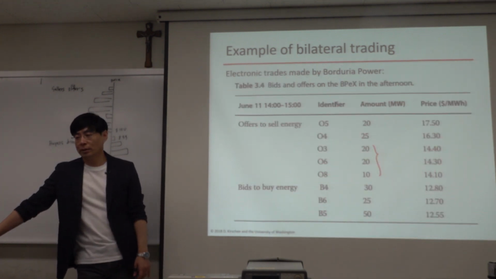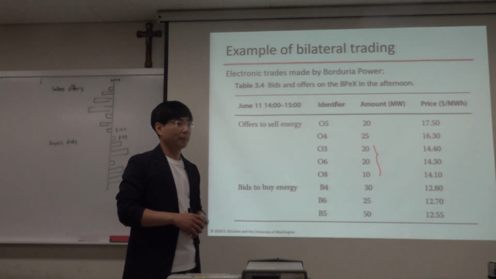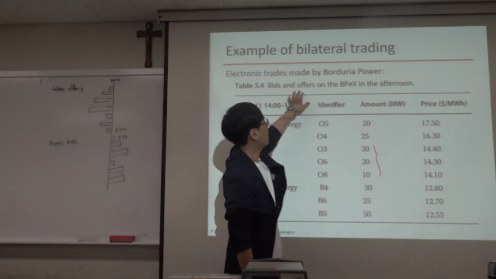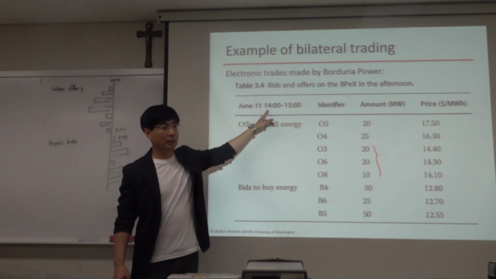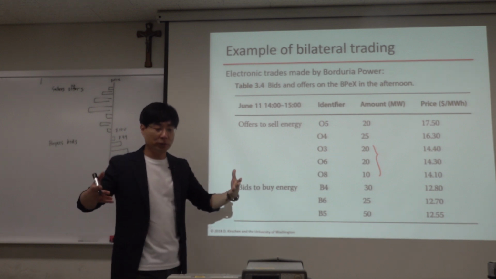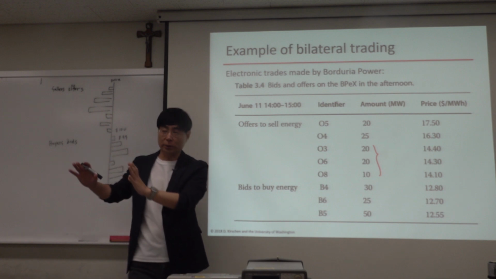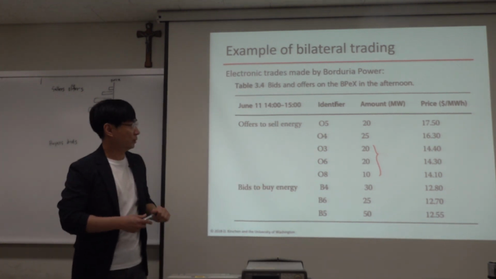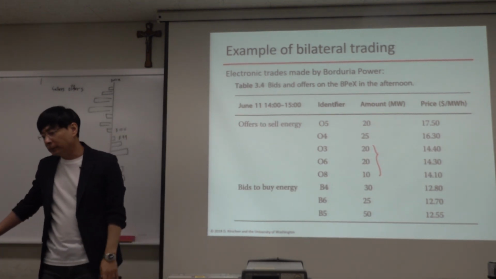And option 2 is, again, using bilateral trading. This is the bid and offer in the afternoon, meaning before 2 p.m. At 2 p.m., when there is a shortage or surplus, that should be managed in the spot market. But option 2 is, again, looking at this order book before 2 p.m. comes.